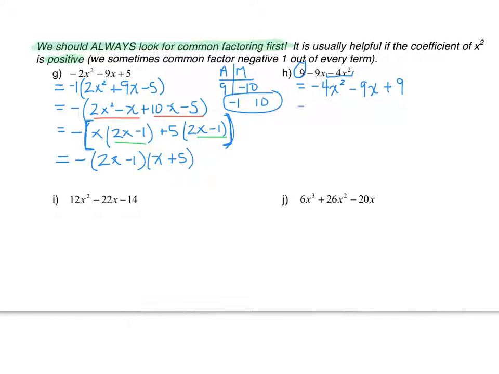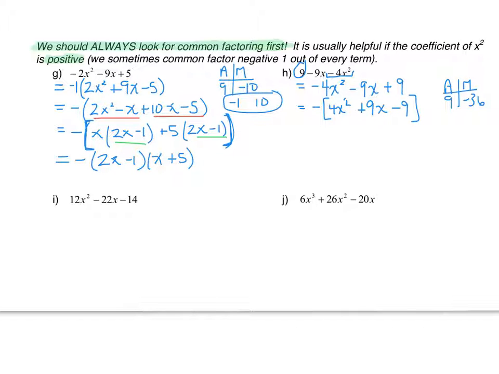At this point, I have a negative leading coefficient, and I'm going to factor the negative out, and I'm just looking to see if there's anything more besides just a negative I can take out, and nope, there isn't. So I'm going to have positive 4x squared now in the bracket, and then I would have a plus 9x, and then I would have a minus 9. And then my process is the same as before. Find two numbers that will add to 9 and multiply to 4 times negative 9, which is negative 36, and go from there with that one.